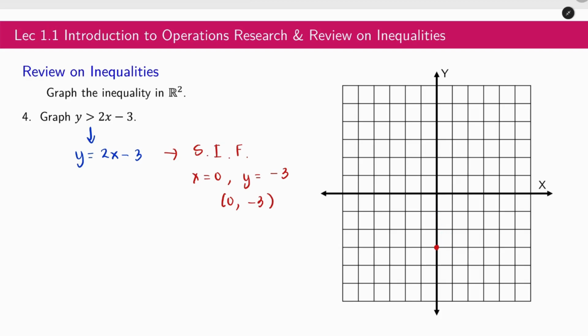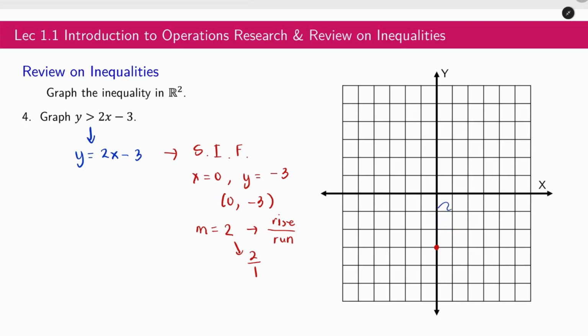Okay, after that, the slope is equal to 2. Take note that slope is rise over run. Okay, your 2 here is equal to 2 over 1. So, it means that your rise is 2, your run is 1. So, rise, that is the increase in y. And then your run, that is the increase in x.